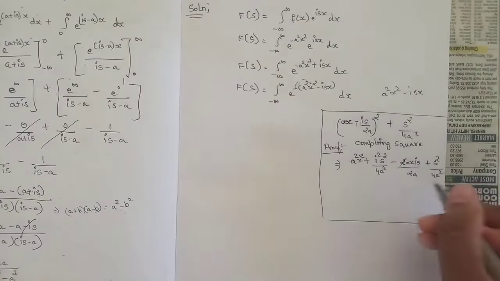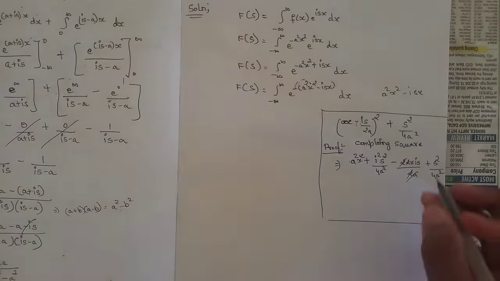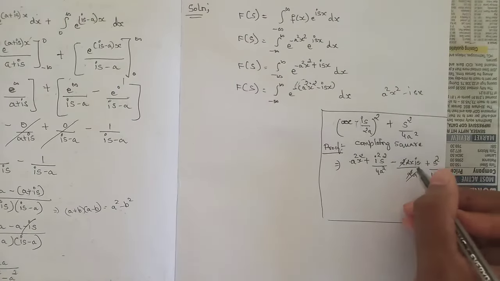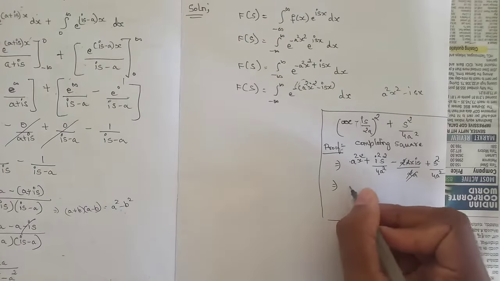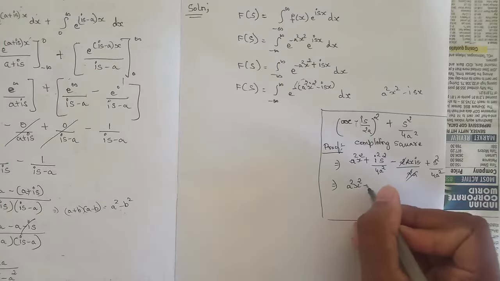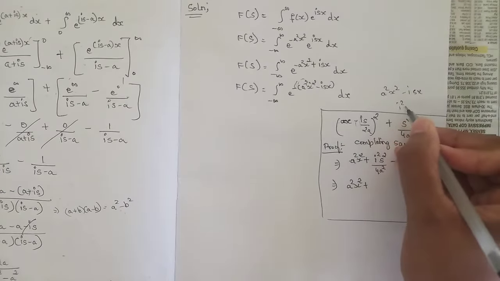Now we can cancel this 2 here, and cancel this a here. What is the term left? That is isx. Here also a square x square plus we have i square. We know the value of i square is equal to minus 1.